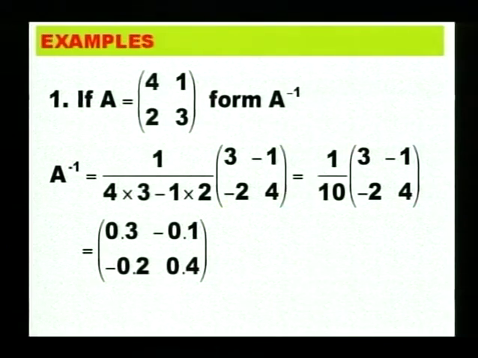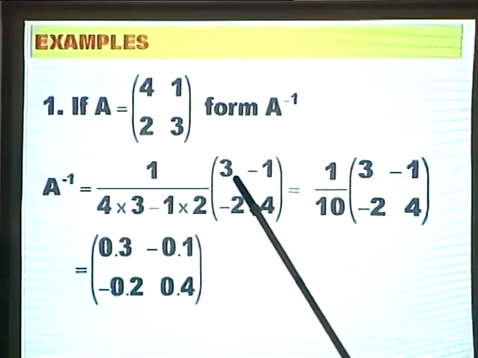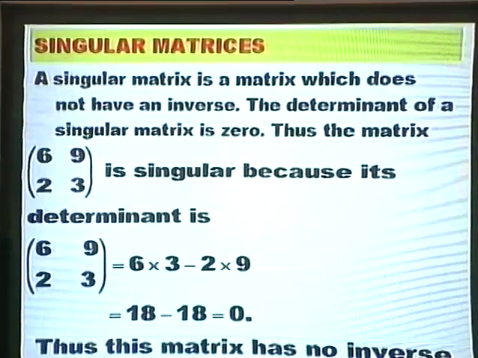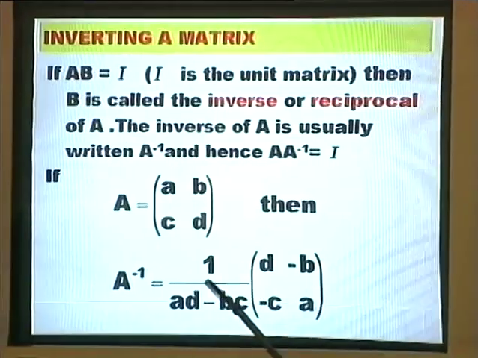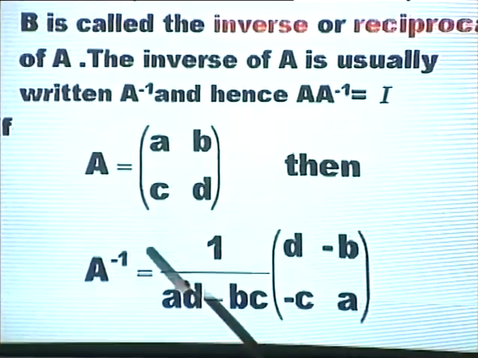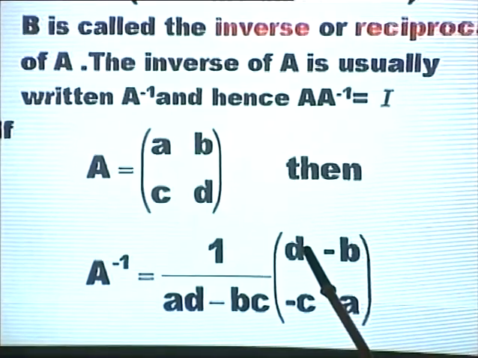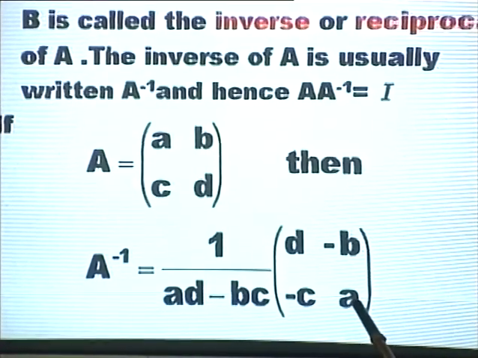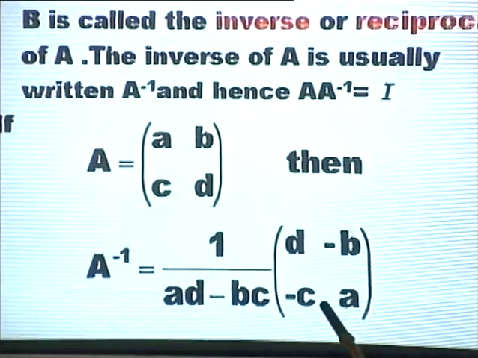We have to form A to the power of -1, which is the inverse of A. So the inverse of A is equal to 1 over the determinant multiplied by, note, 1 over AD minus BC multiplied by D, minus B, minus C, and A. You have to make sure you get this right.